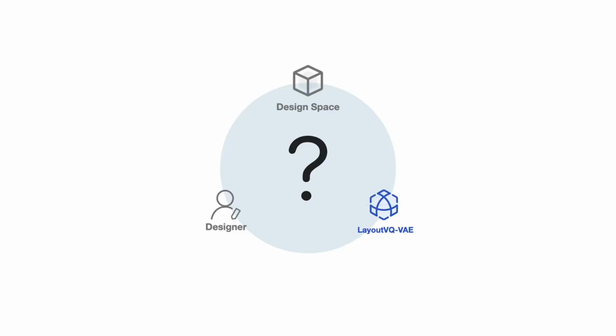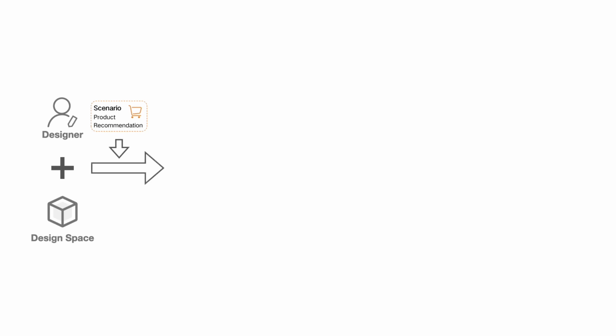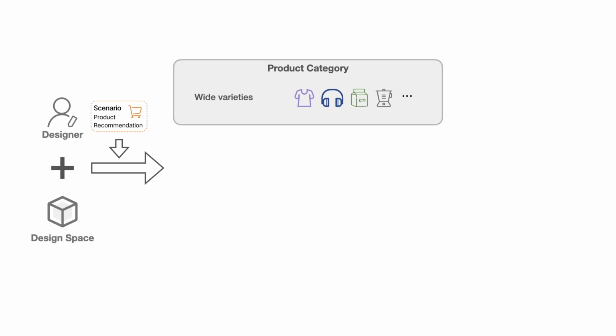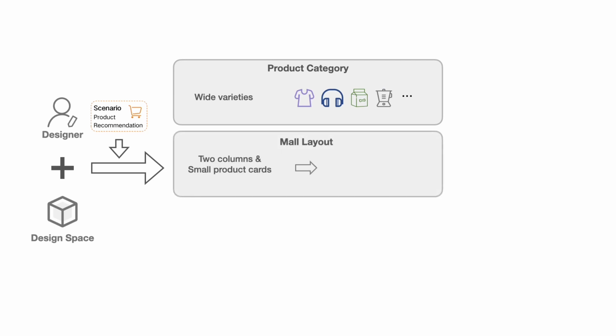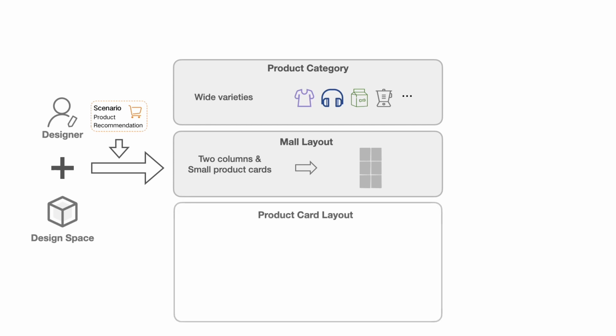Now, let's see how our approach can be used by designers to create PLPs for various scenarios in mobile shopping apps. Given a product recommendation scenario, the designer can make the following decisions based on our design space. Firstly, the products presented on the page should be varied to meet the potential preferences of consumers. Secondly, the mall layout should be in the form of 2 columns and use small product cards.